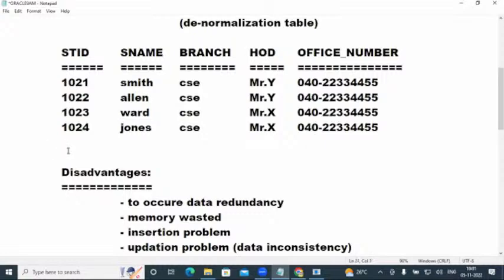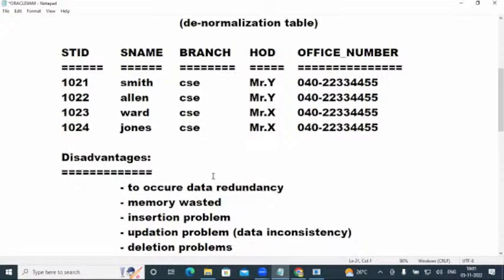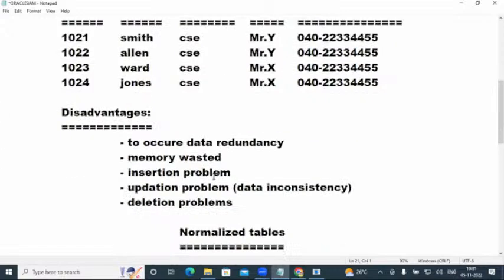So when your tables are denormalized, there are some problems, and these are the major problems we will face.